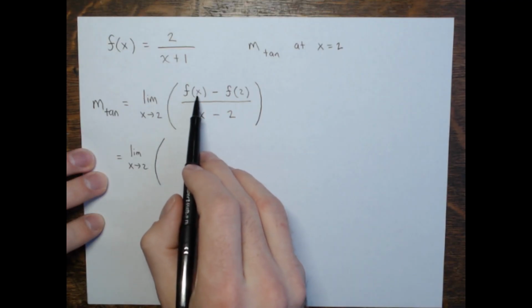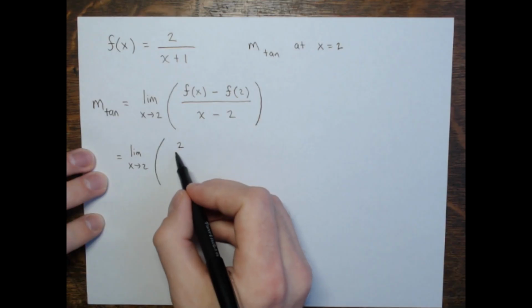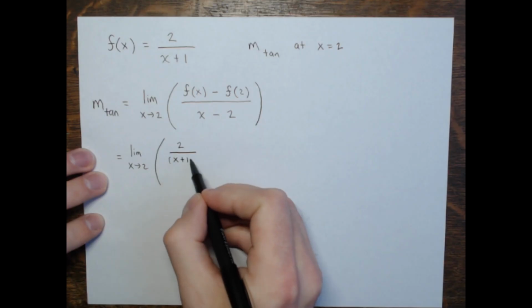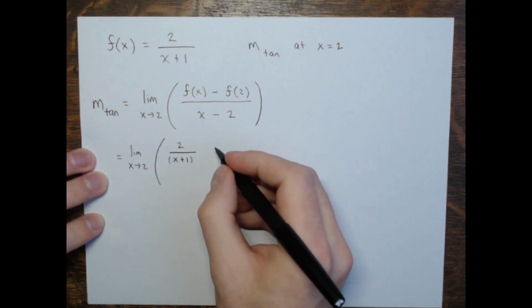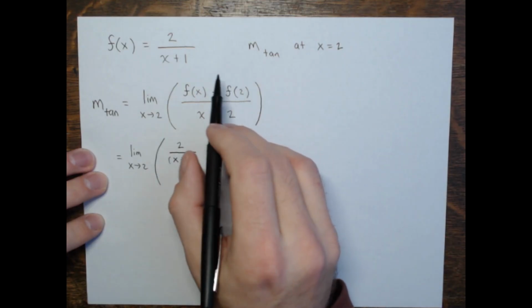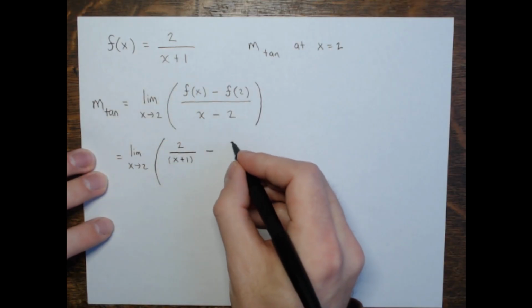So we have the limit as x approaches 2. Now, the value of f at x is 2 over x plus 1. Again, that's the only factor of that denominator. And then minus the value of f at 2, which would be 2 over 3. Replace x with 2, that'd be 2/3.